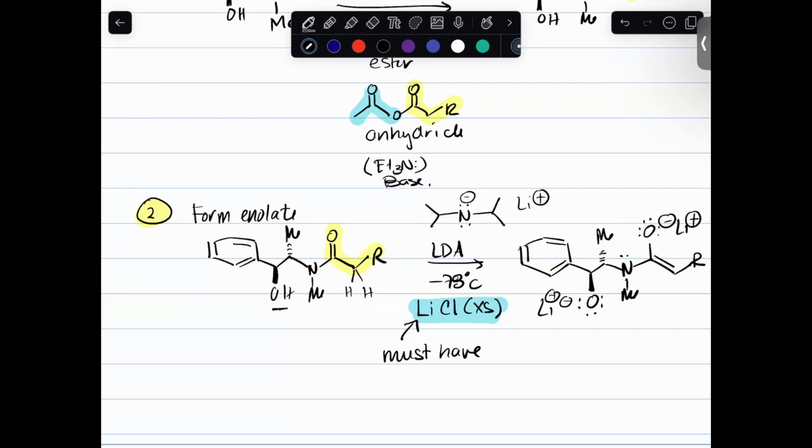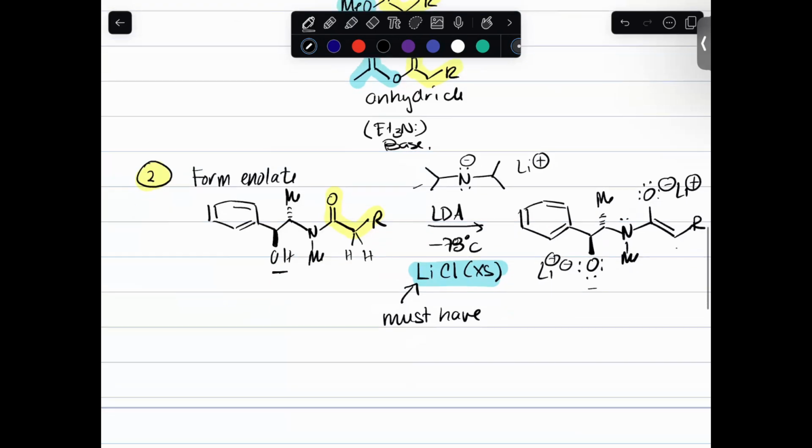And so you've got your strong base, and it deprotonates both the oxygens and the alpha hydrogens. I'll get to what's going on in a second. Let me just tell you that the first thing that you should note is that you will always form the Z-enolate, just like you did with oxazolidinones.